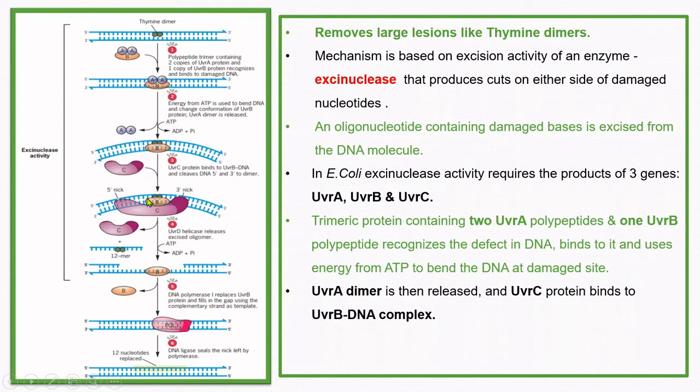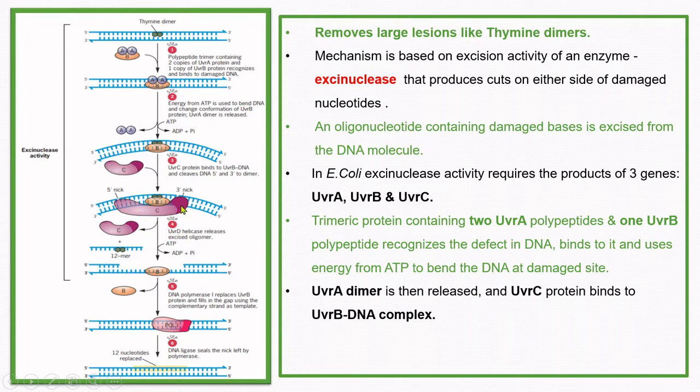UVRB protein cleaves the phosphodiester bond 5 nucleotides away from the 3 prime end. So UVRB would produce a cut in the DNA chain on the 3 prime site, and usually it is the fifth phosphodiester bond from the damaged site.